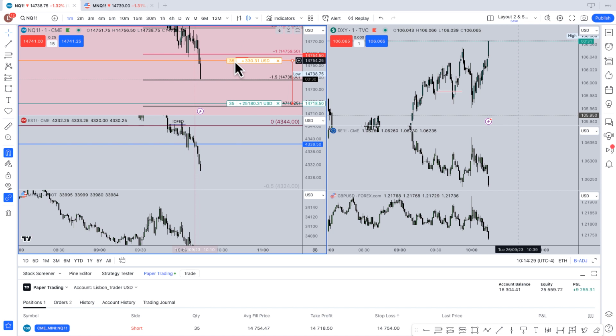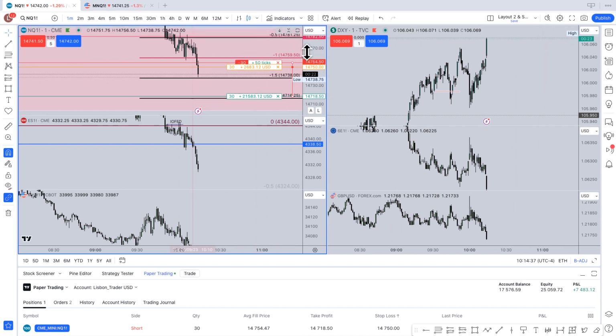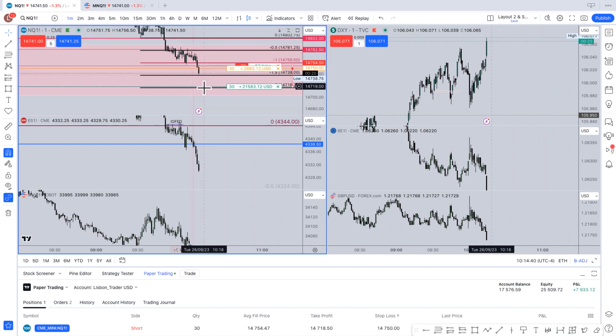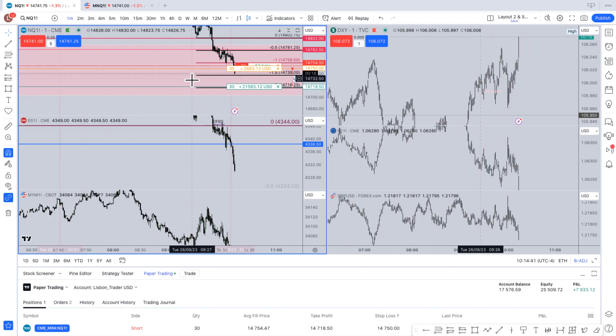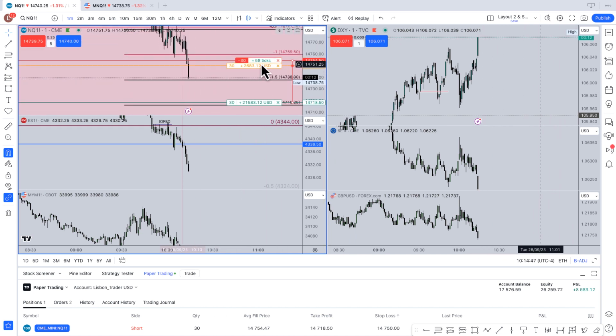Five. Part of this volume imbalance is done and achieve the target. So we are break even.